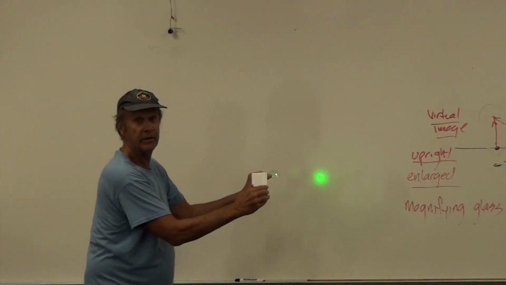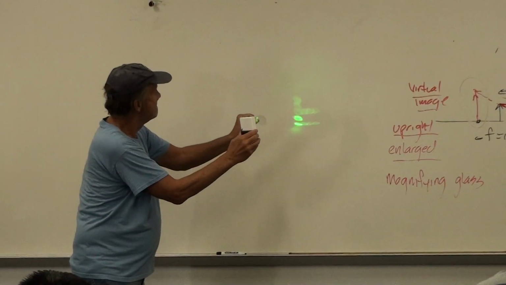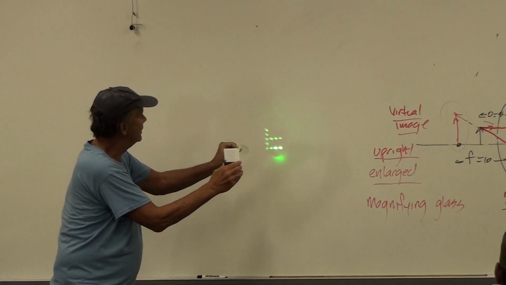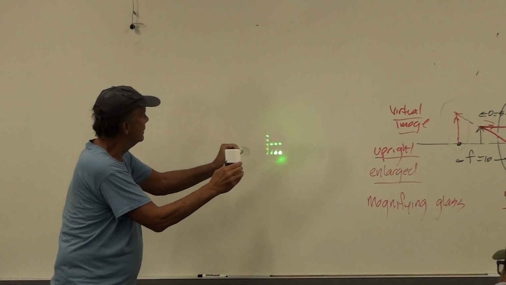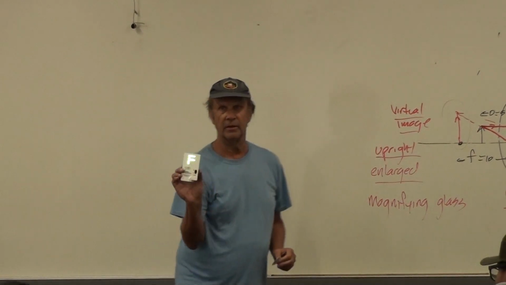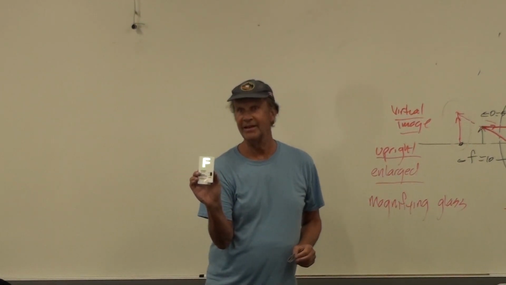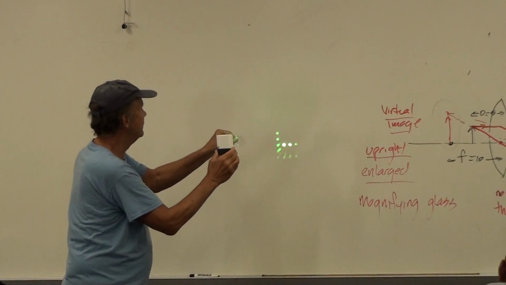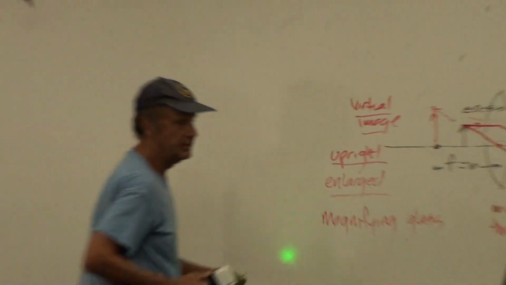But notice if I bring it in too close or too far away, it goes blurry. Only at that one point is it looking reasonably straightforward. But you see here, this is an F, and that's an upside down F. So it's an inverted real image.